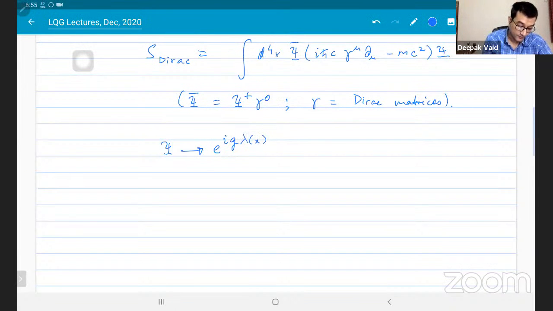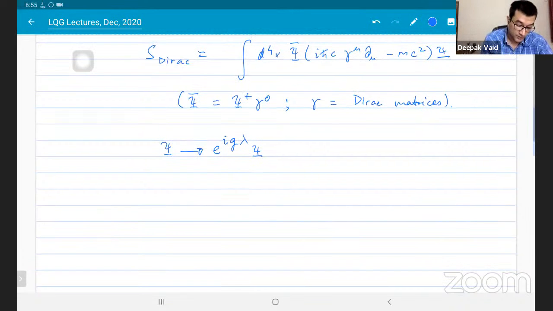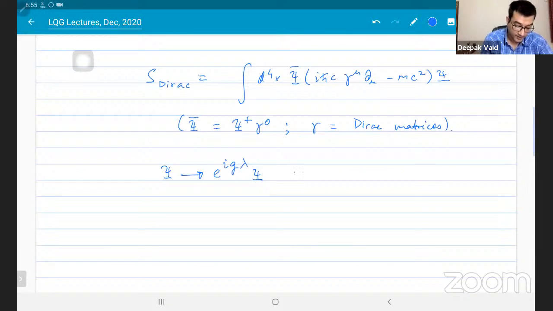Lambda is some Lie algebra element, but it's the same for every point in spacetime. So under this change, what will happen? You can see that psi bar will go to e to the power minus i g lambda psi bar, and the action will be invariant. S Dirac is invariant.